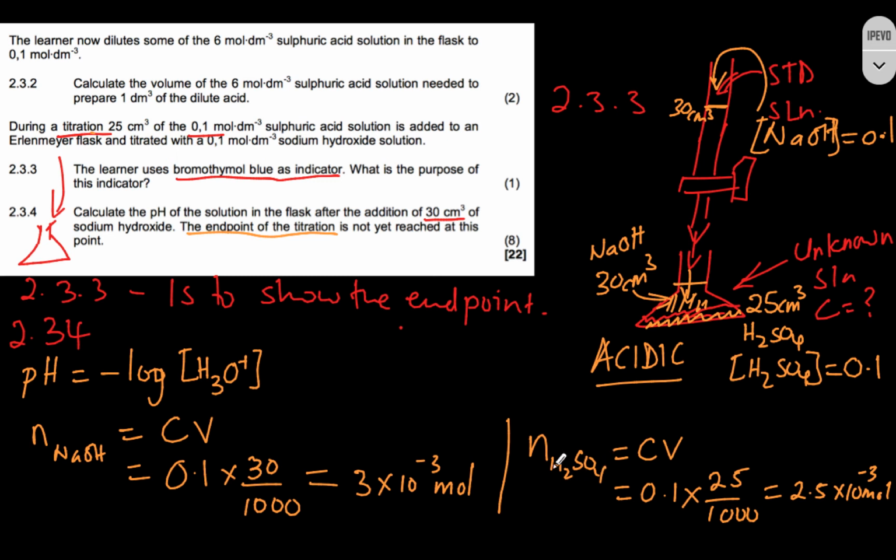Of the sulfuric acid that did not actually react by subtracting this 2.5 × 10^-3 minus 3 × 10^-3. And take note, we are subtracting because we know that these number of moles are the ones that will react with some number of moles from here.